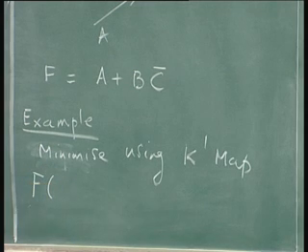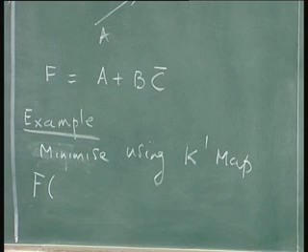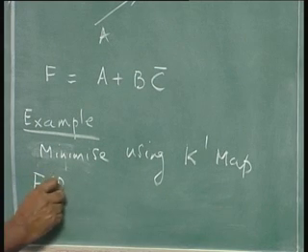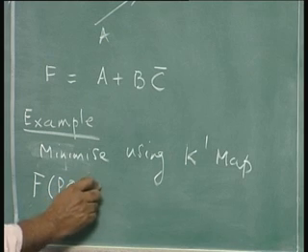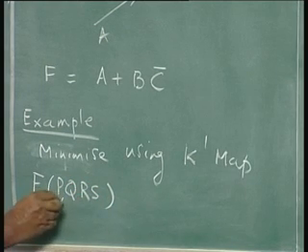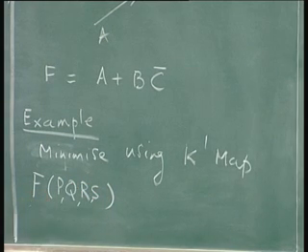I can now give any variables to the function. For a change, we will go from ABC to PQRS. A function of 4 variables P, Q, R and S, which is true for the following minterms.